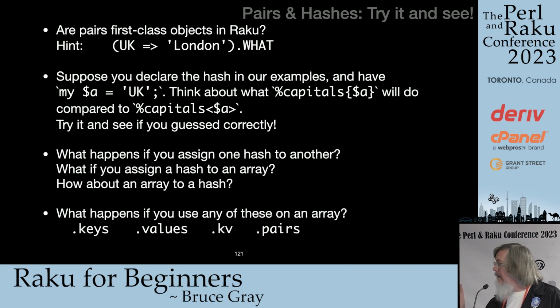Okay. If you assign a hash to another, you get a copy of it. If you assign a hash to an array, in Perl, it flattens the hash. You get key value, key value, key value, and that's really painful, especially when you're sorting. I didn't get into it in the sorting talk, but that's completely useless if you're sorting. You have to go through hoops you shouldn't have to, because the keys don't associate in any way with the values.